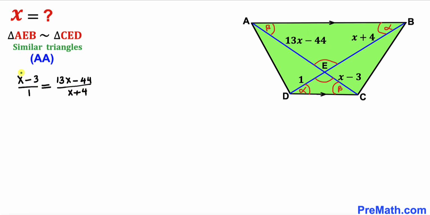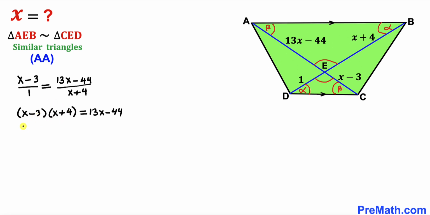Now let's cross multiply. So we are going to have x minus 3 times x plus 4 equals, on the right hand side, 13x minus 44.